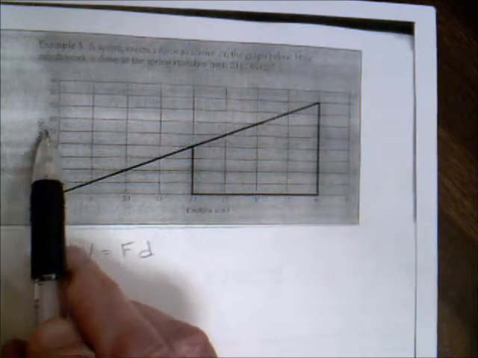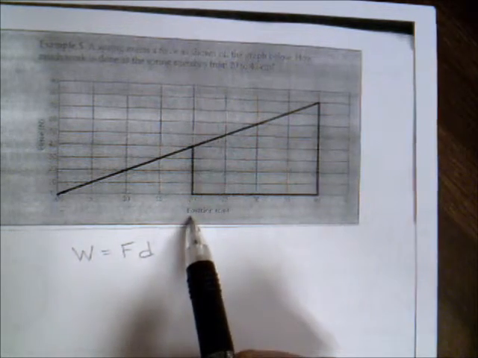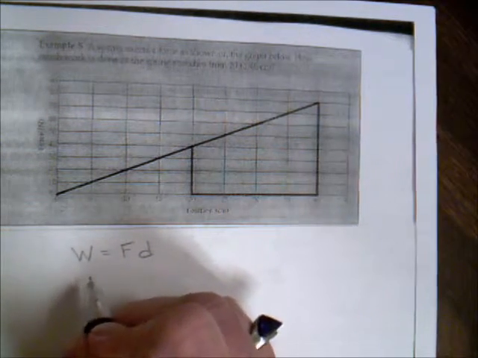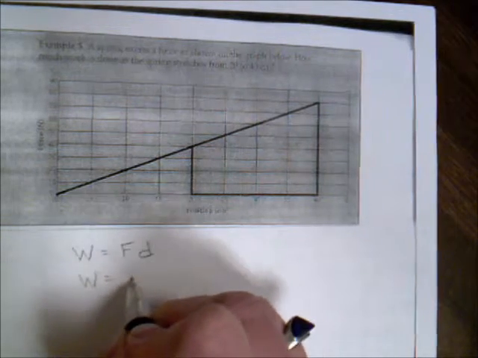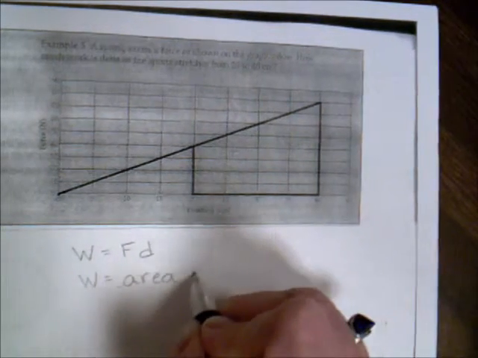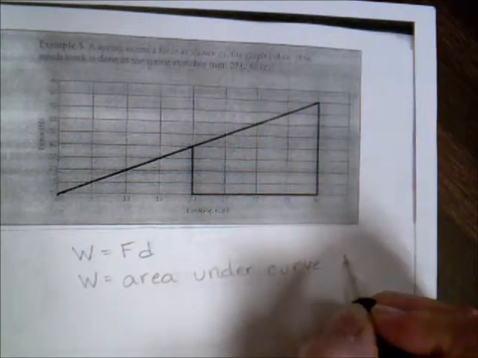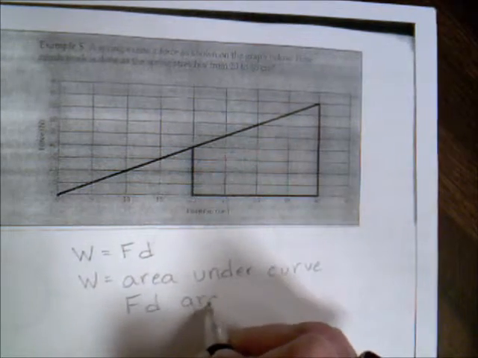You can see here we've got a force on this side, displacement over here, or sometimes it's called position. And so we are looking for work. Work is going to be equal to the area under the curve of a force displacement graph.